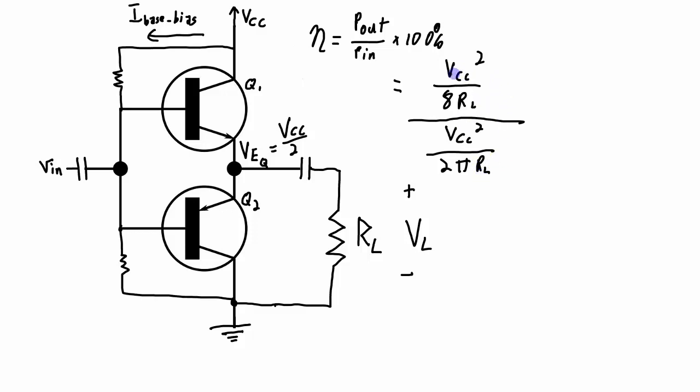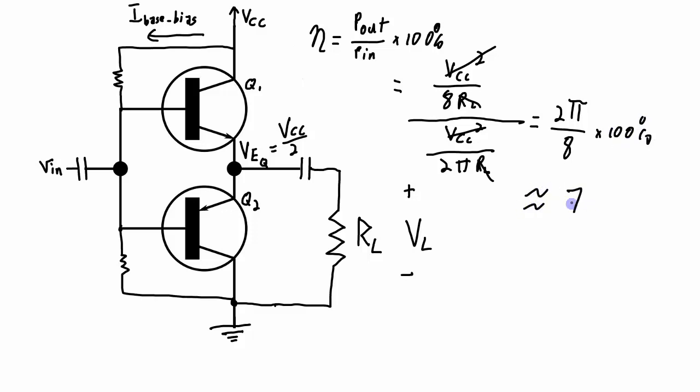A lot of these terms get cancelled. I have a VCC squared on the numerator and on the denominator. I have an RL up here and an RL down here. And now rearranging this equation, the answer for maximum efficiency is equal to 2 pi over 8, and of course times 100%.